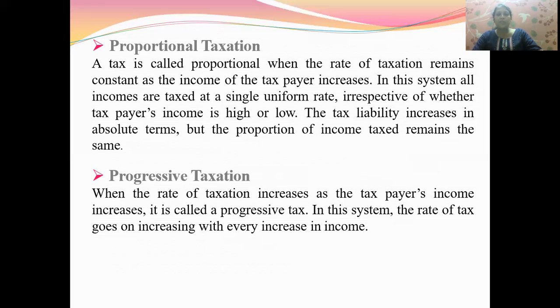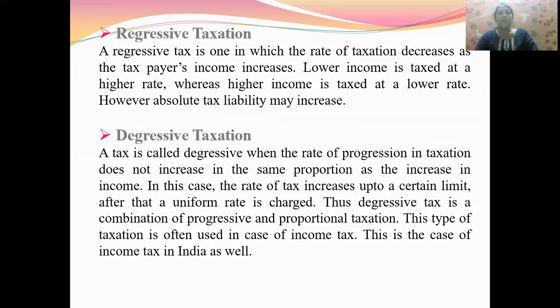When the rate of taxation increases as the taxpayer's income increases, it is called progressive tax. The taxpayer's income increases and the taxation also increases gradually. So this is progressive, that is increasing. Progressive means increasing. In this system, the rate of tax goes on increasing with every increase in income.